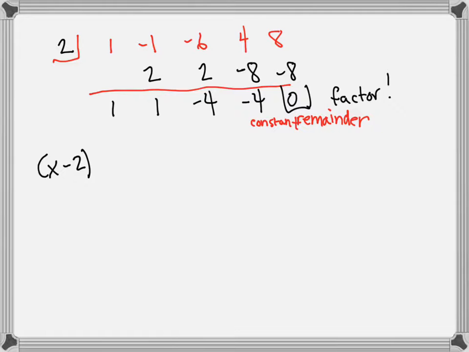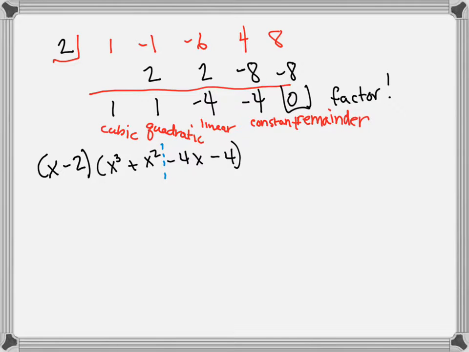Or remember, this negative 4 is representing our constant, the negative 4 is the coefficient of our linear term, 1 is the coefficient of our quadratic term, 1 is the coefficient of our cubic term. So we could write x cubed plus x squared minus 4x minus 4. And we could try to factor this instead of going through trial and error.